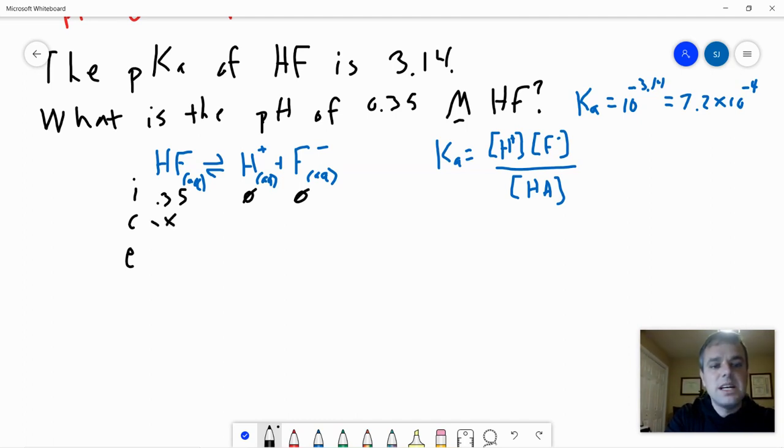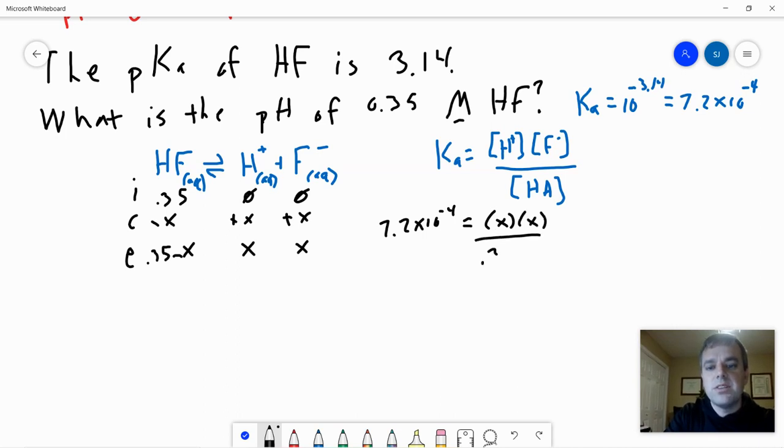This goes down by X, up by X, and up by X, and 0.35 minus X. So then we plug into our Ka expression: 7.2 times 10 to the minus fourth equals X times X over 0.35 minus X.